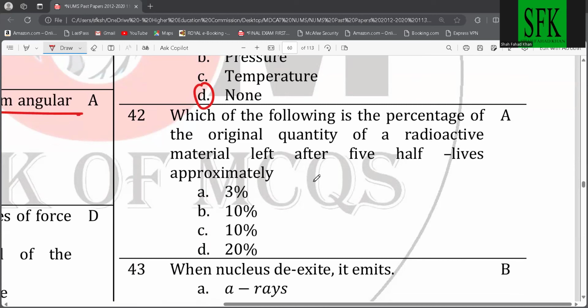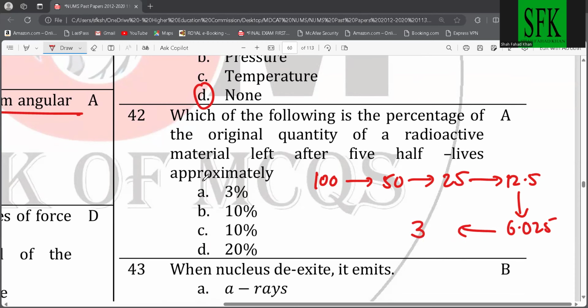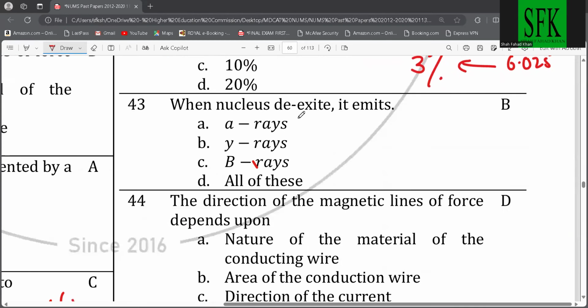After five half-lives, how much will remain? Let's say it is 100; after the first half-life 50, then 25, then 12.5, then 6.25, and after the last half-life it will reach around 3%.